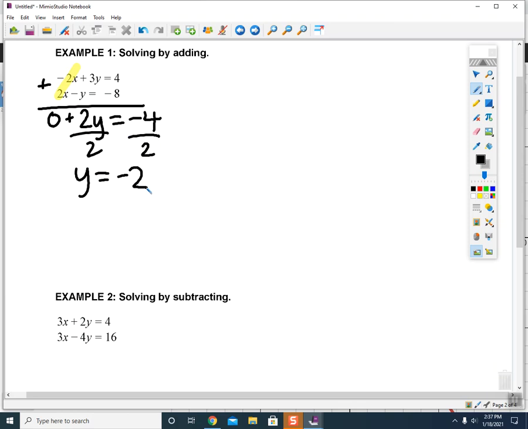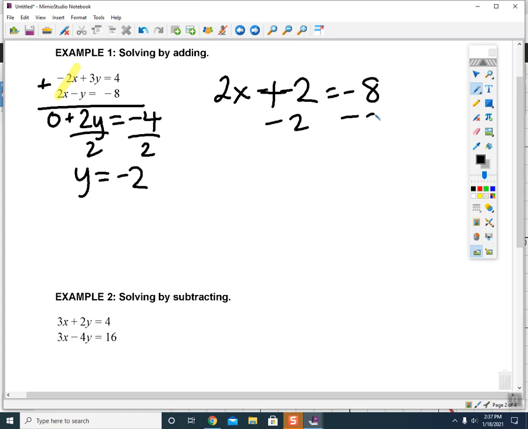Now that I have my y value, I can plug it into one of my equations to figure out what x is. So let's use the second equation. So then I would have 2x minus negative 2 equals negative 8. If I subtract a negative, it's the same thing as adding.